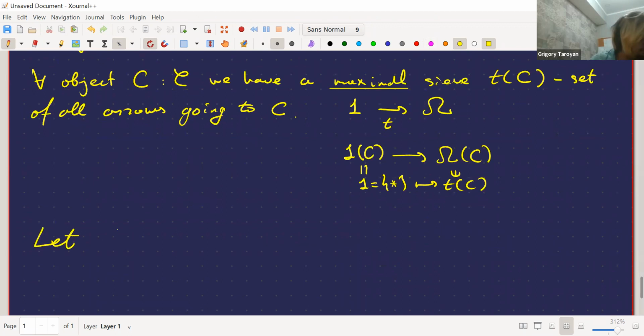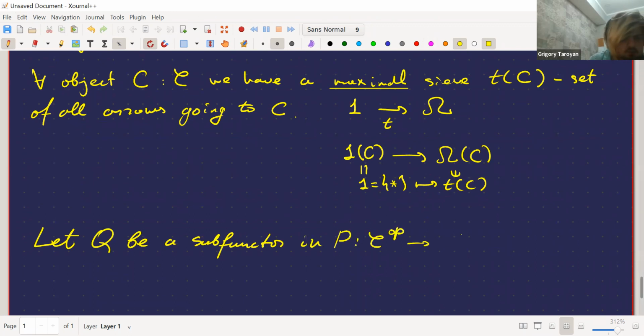Okay, so let Q be a subfunctor of P from the opposite category to Set.